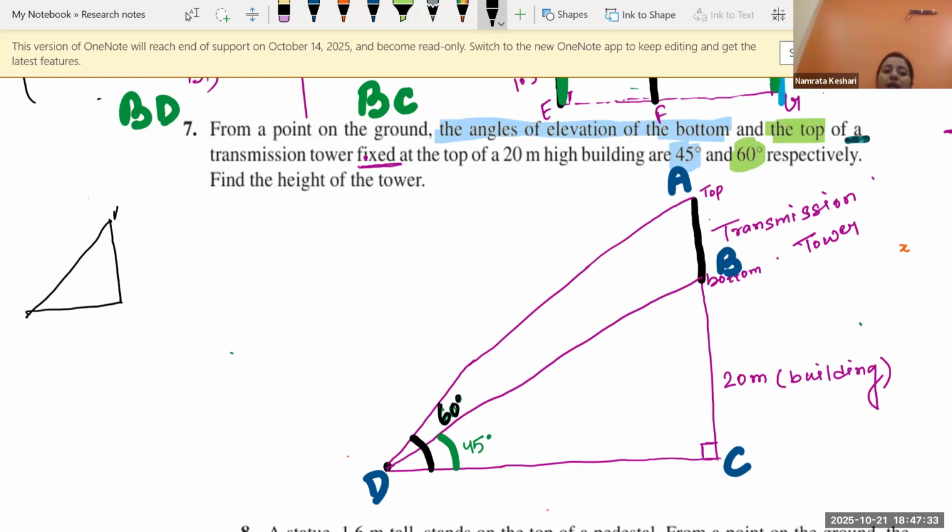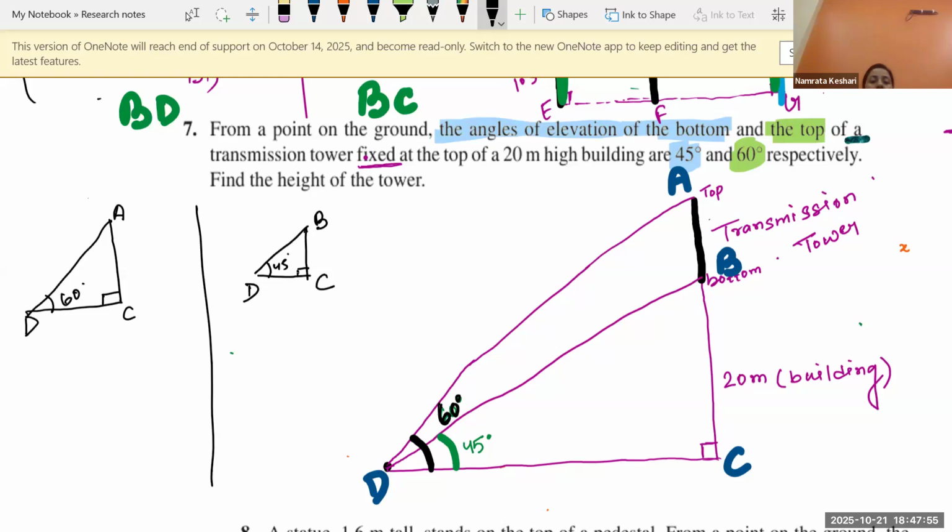So are you able to identify that there are two right angle triangles, this one and this one? Yes or no? Yes, ma'am. Two right angle triangles we are having.